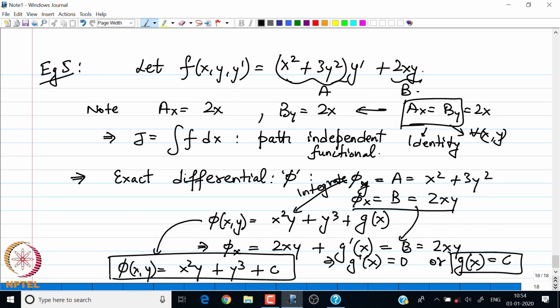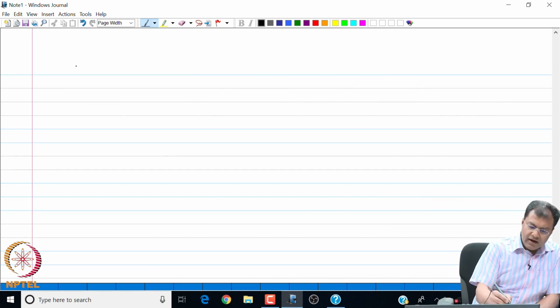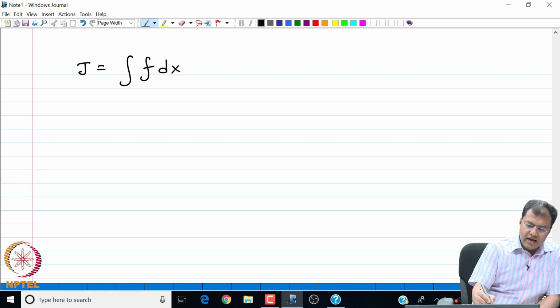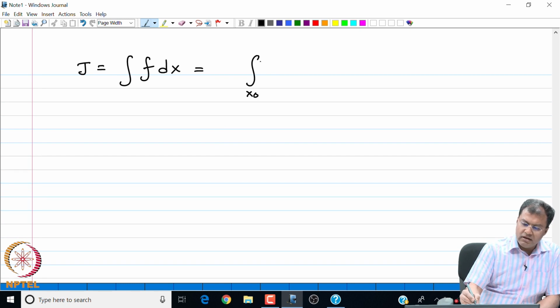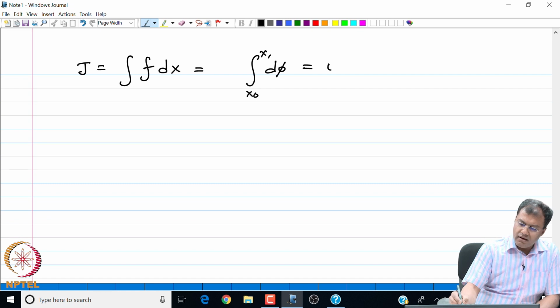So, we are almost done here by saying, if we were to look at the functional, which is the integral of f dx, it will be path independent, which is nothing but the integral from x0 to x1 of d phi, which is nothing but phi of x1 y1 minus phi of x0 y0.